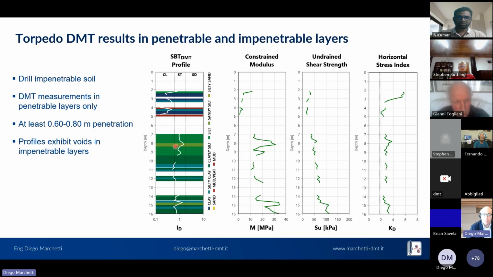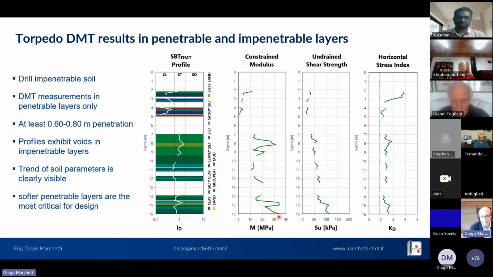The profiles will of course exhibit voids where the layers are not penetrable, but the trend of the soil parameters is quite clearly visible. So it may still be helpful. And definitely in many projects where there is penetrable and impenetrable layers alternatively, the softer layers are the ones that are most critical for design.